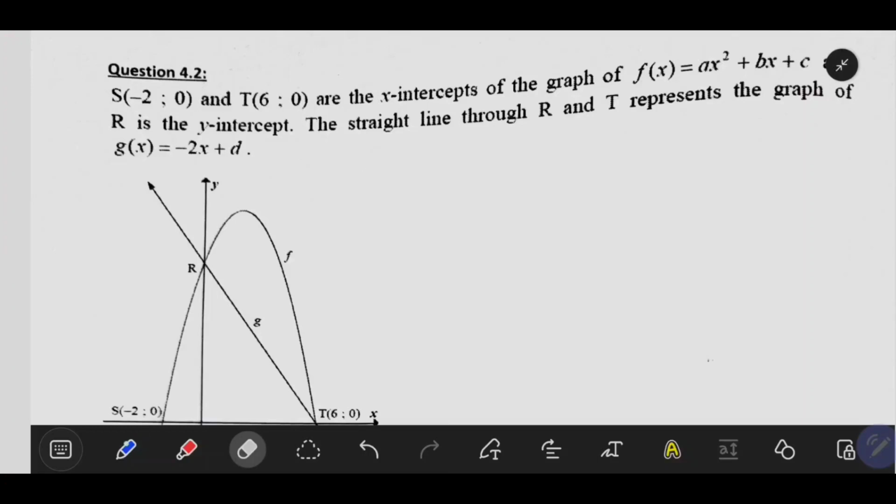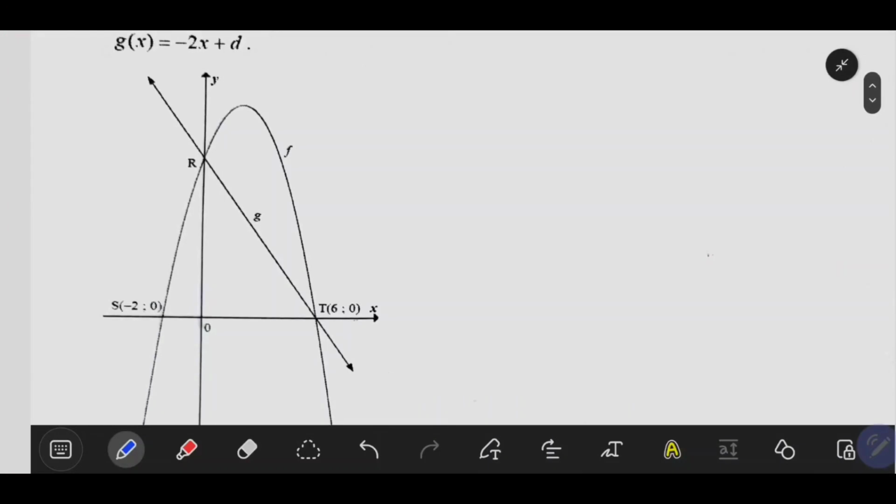When we analyze this, you can see that we're having two functions here. We're having a parabola and a straight line graph. Observing this parabola, you can see that this is a sad parabola. It means that the value of a should be less than 0, or we should get a negative value of a when determining the equation, because it's a sad parabola.